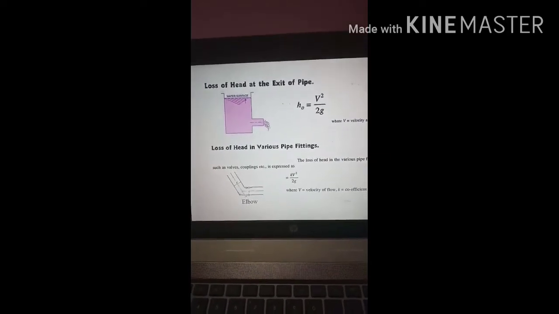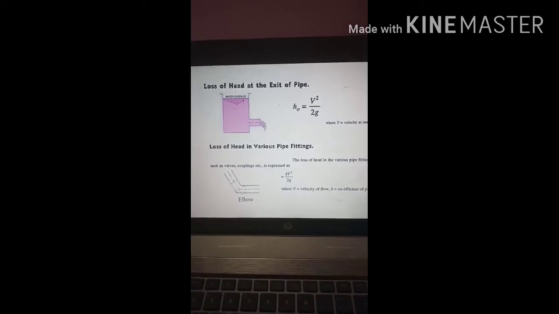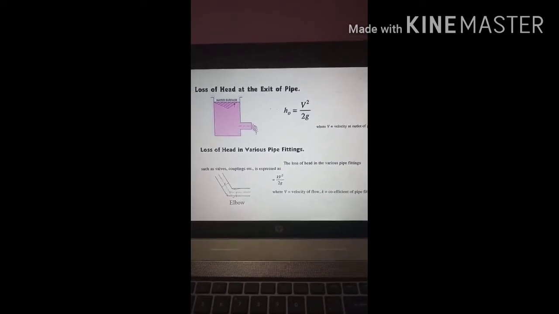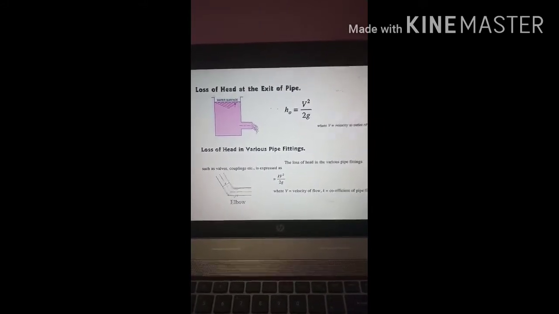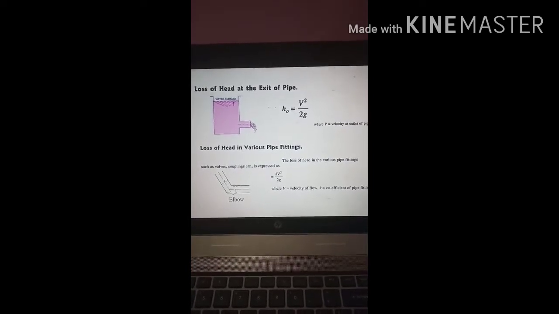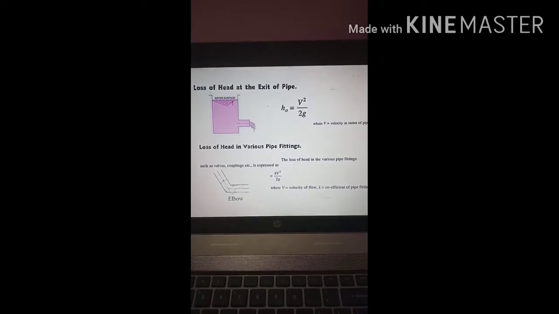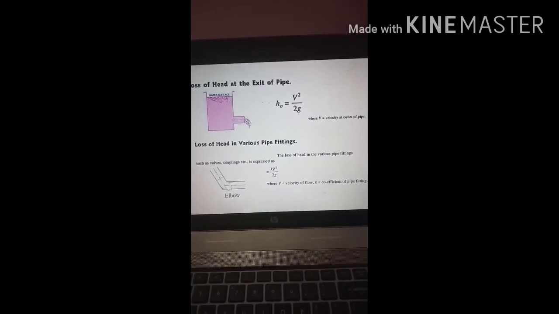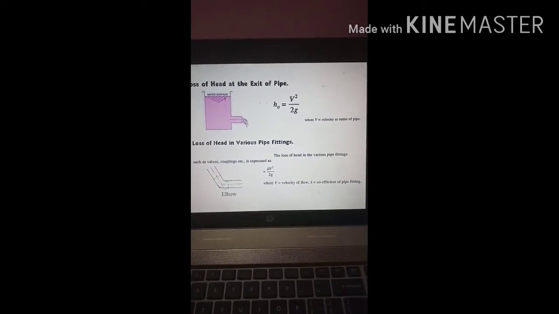Then there is a loss of head at the exit of the pipe, which is HO. At the exit the energy is lost in the form of kinetic energy, so it is given by V square by 2G. And last is the loss of head in various pipe fittings, such as the elbow shown in the figure. It is given by KV square by 2G again. So the loss due to pipe fittings like elbow, bend or coupling is generally given by KV square by 2G, and the value of K ranges from 0.25 to 0.3.